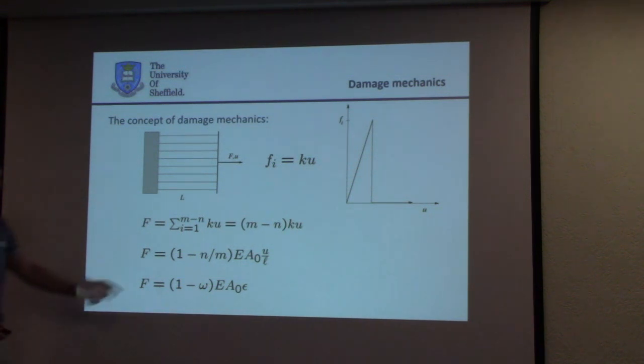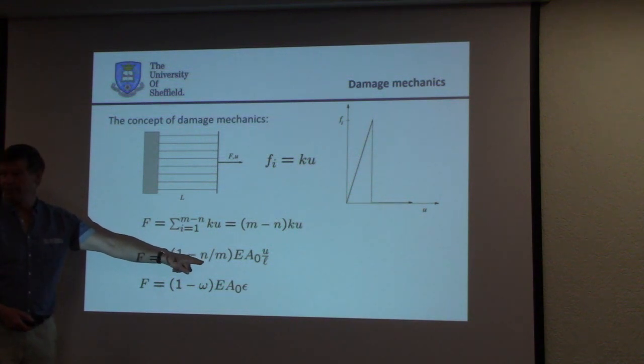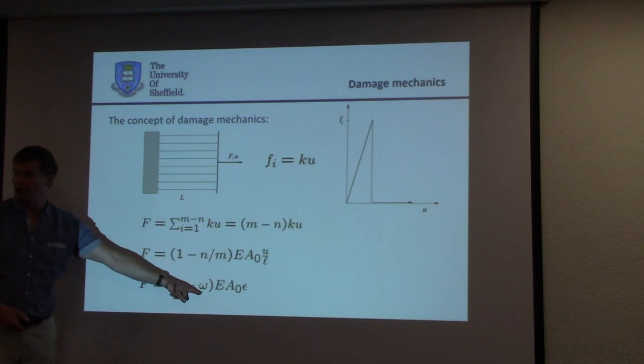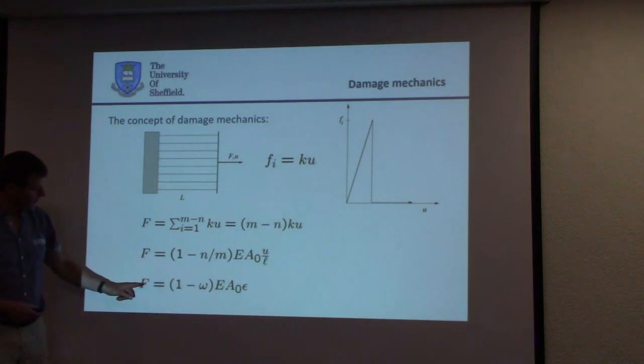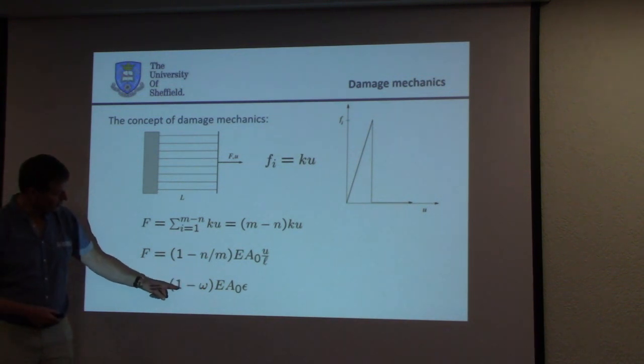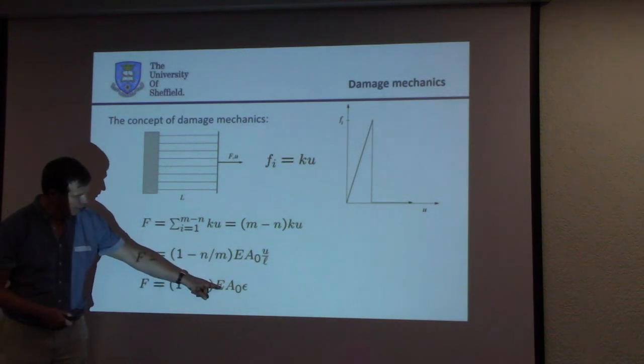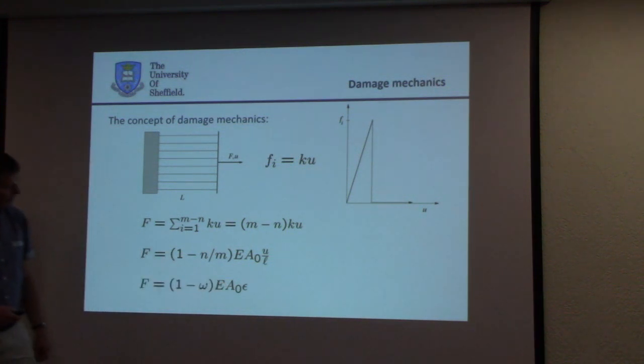And clearly, when we have an intact system, n equals 0, and therefore omega, or d, which is sometimes used, equals 0. So we have just the force equals 1 minus 0 times Young's modulus times A0 times epsilon.